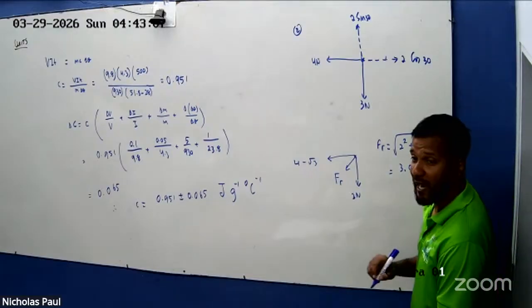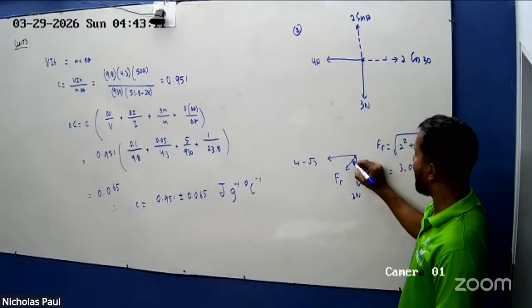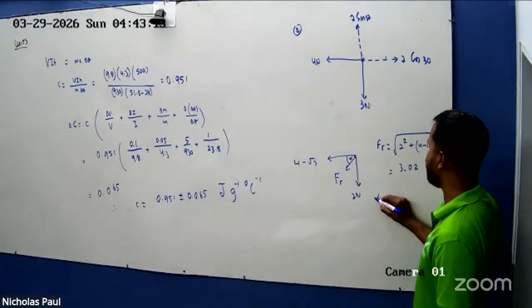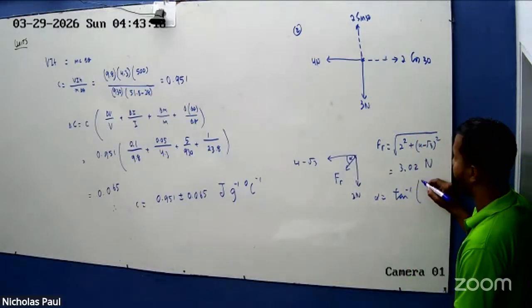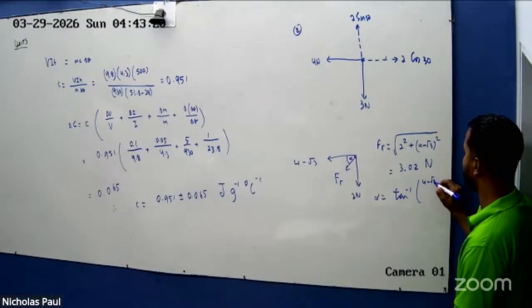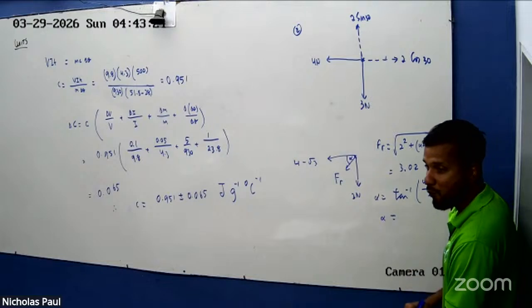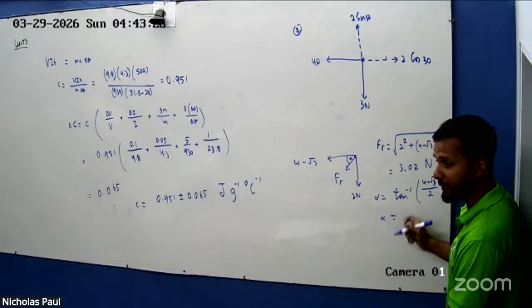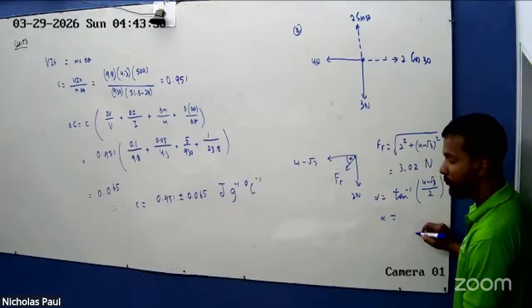Right, we also need an angle, right? Alpha will be tan inverse of 4 minus root 3 all over 2. How much is that? You must have an angle, right? Because it's a vector. So 40.